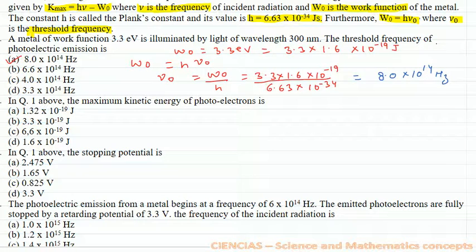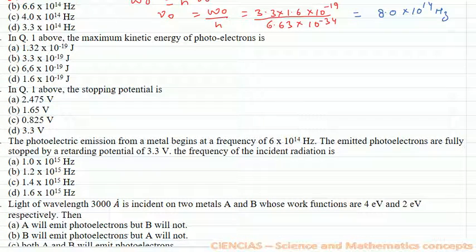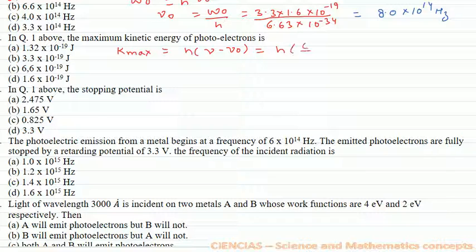Now question number 2. In question 1, the maximum kinetic energy of photoelectron is? Now the maximum kinetic energy is given by K max = h (nu - nu 0), which can be written as h c by lambda minus h nu 0.